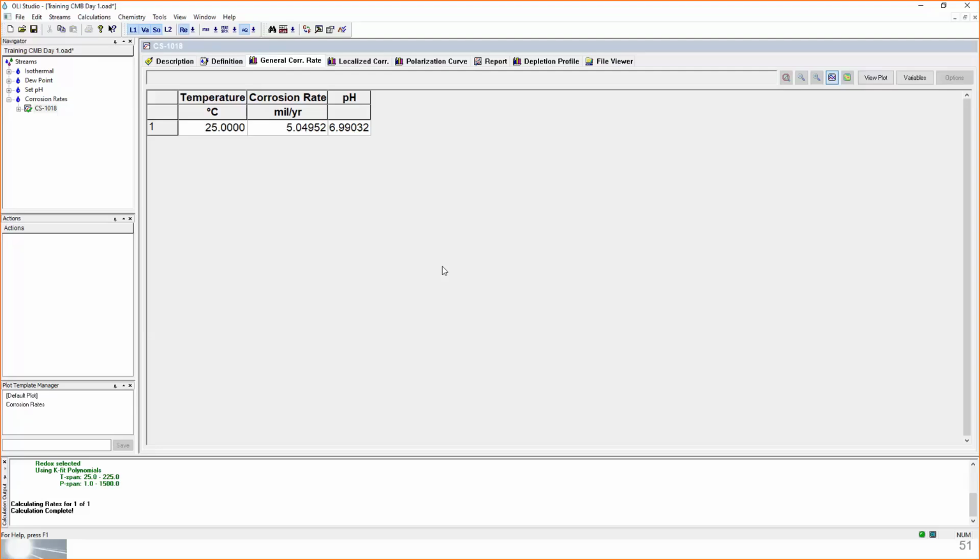Okay, let me just write down the two questions: the repassivation potential in the polarization curve, and the error. So I will bring the validation plots. And it's something that I want to highlight here. We will always provide to you these validation plots.